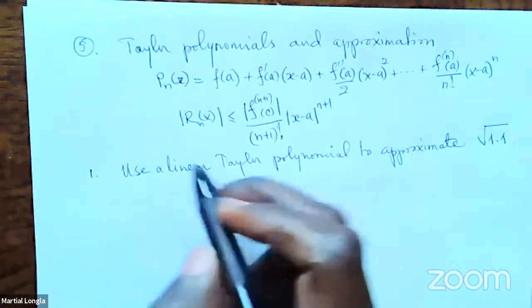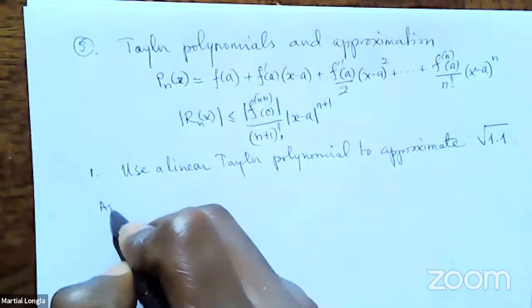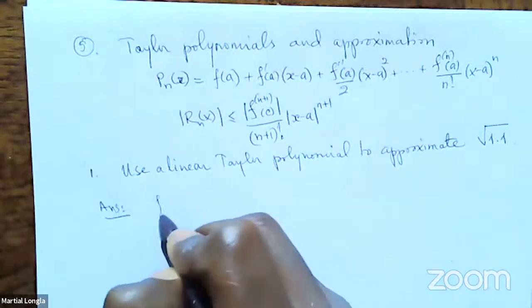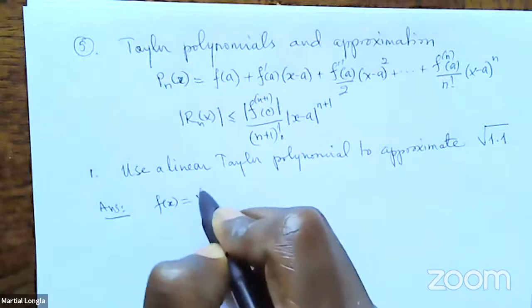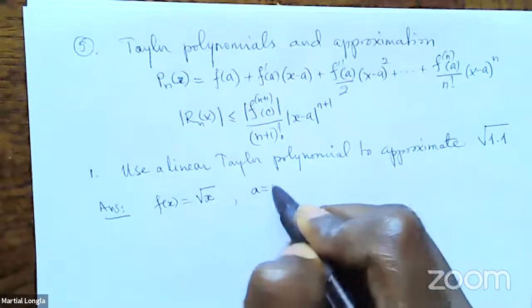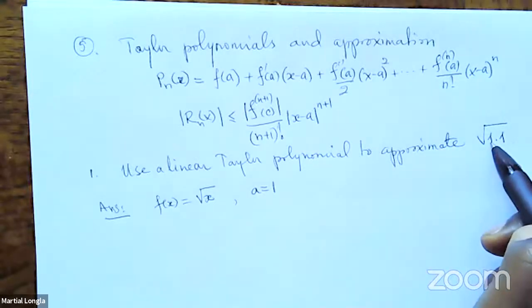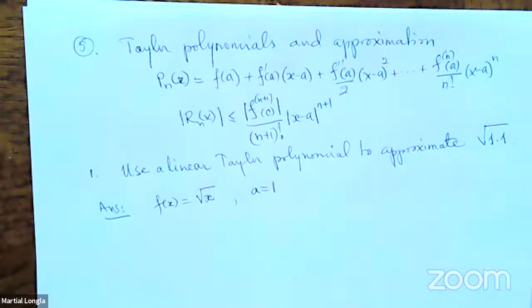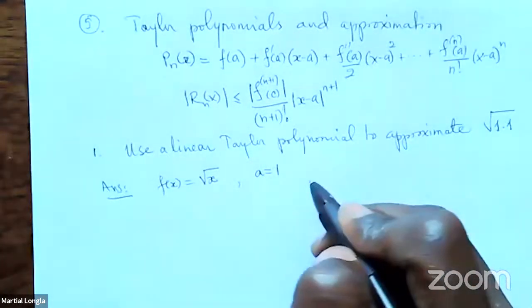For example, in this case, f of x is the square root of x. A is 1, which is the closest number there. Now you can easily find the value of the function, right?